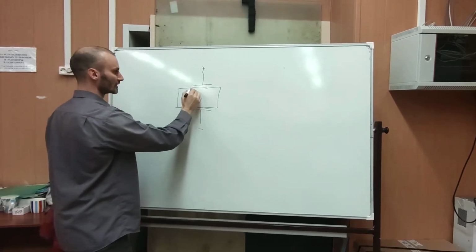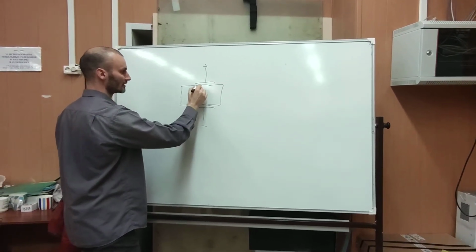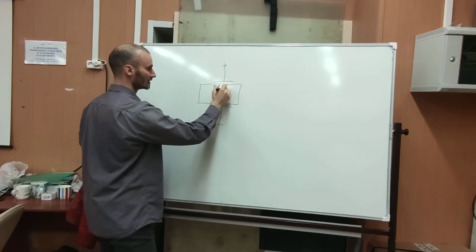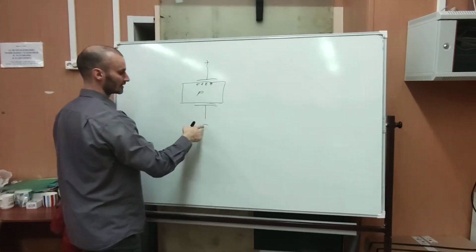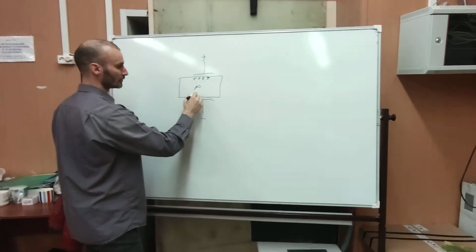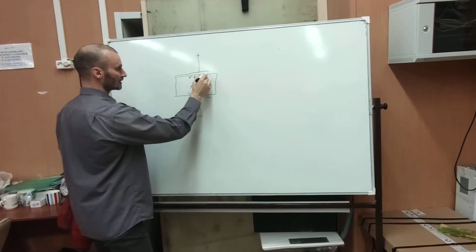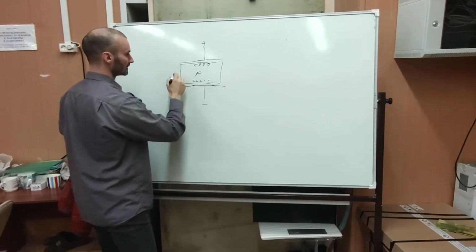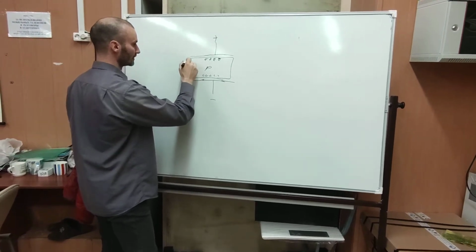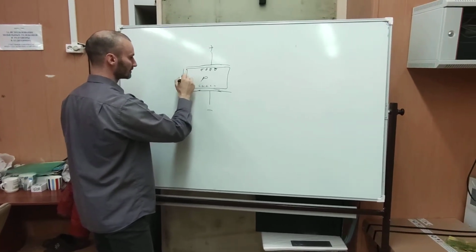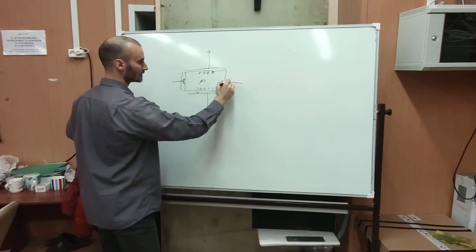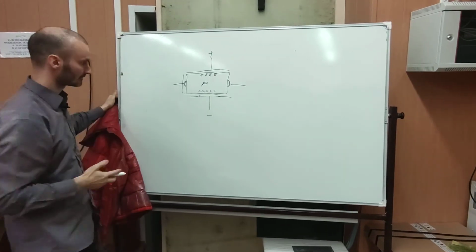Positive voltage will attract negative charges here, and negative voltage will attract positive charges, so holes, here. If that is long enough, and you connect metal to here and to here, it will start conducting.